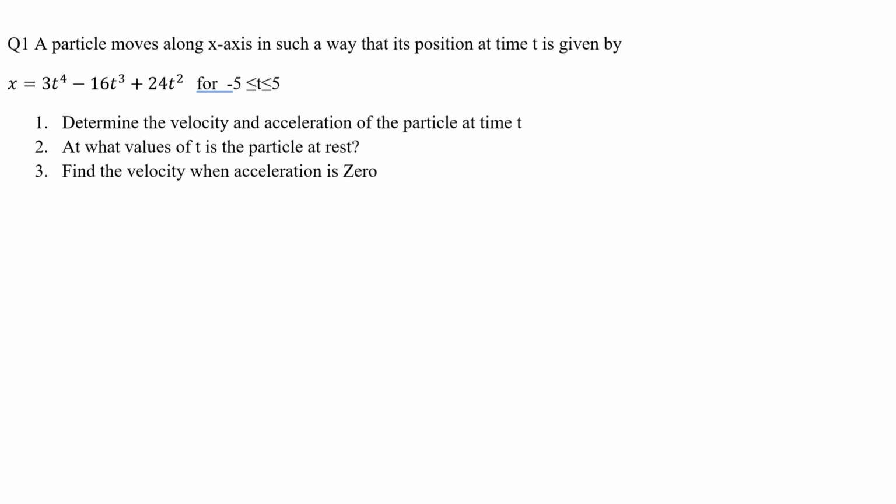In any kind of calculus question, if position is given, or displacement, distance, speed, or height is given, and they ask you to find the instantaneous rate of change of height, or instantaneous rate of change of speed or velocity.